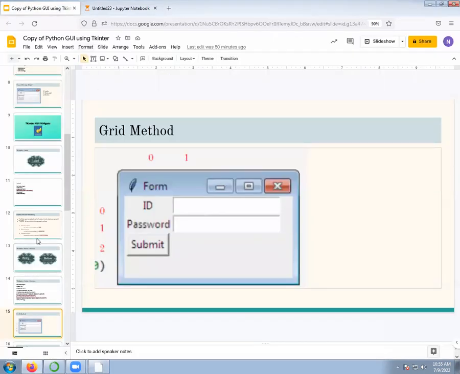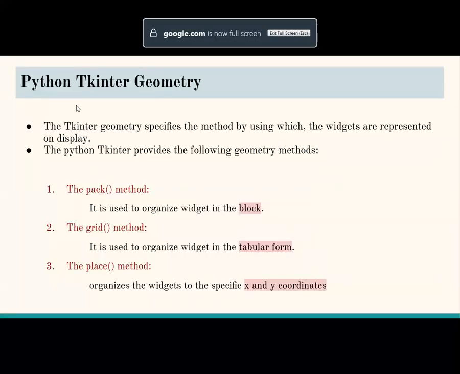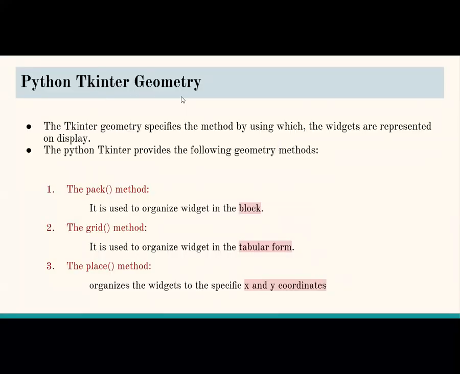Let us see. These are Python tkinter geometry methods. What it does exactly is specify a method by which widgets are represented on display. How to organize or represent the widgets on display is done using tkinter geometry methods.